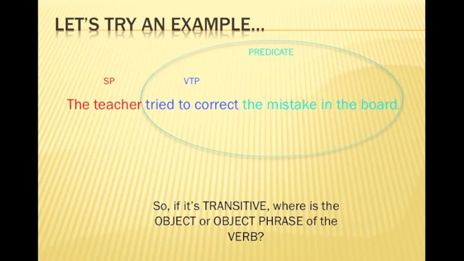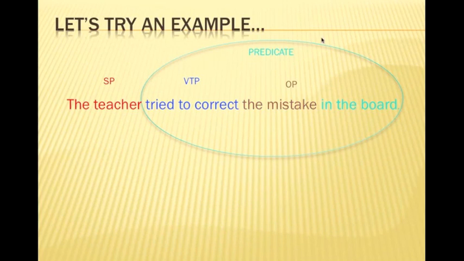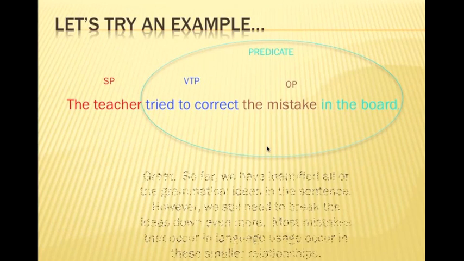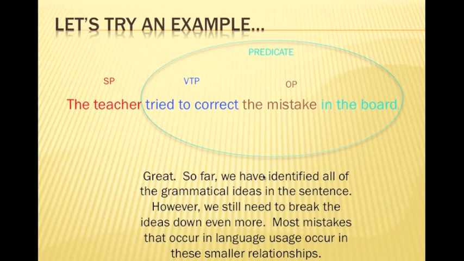If it is transitive, where is the object or object phrase? As we remember from our profile, generally the object will follow immediately after the verb itself. So in this case, let's assume that the word mistake is the object phrase of the sentence. So far, things look okay. We've identified all of the grammatical ideas in the sentence.